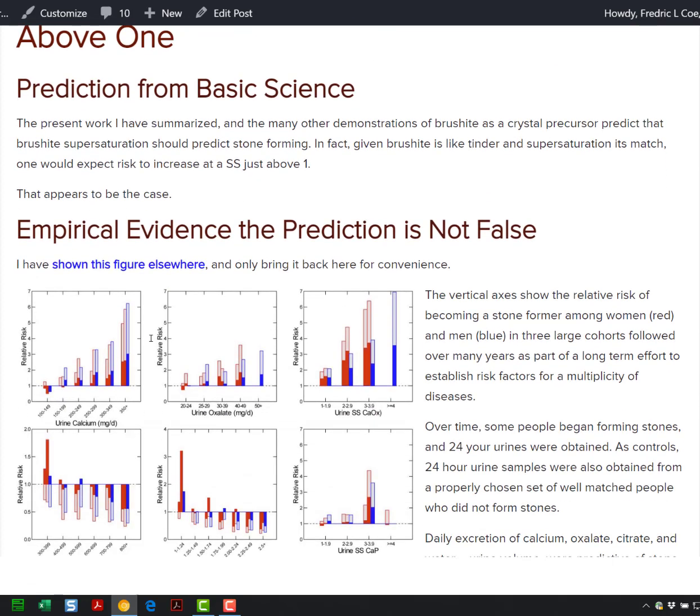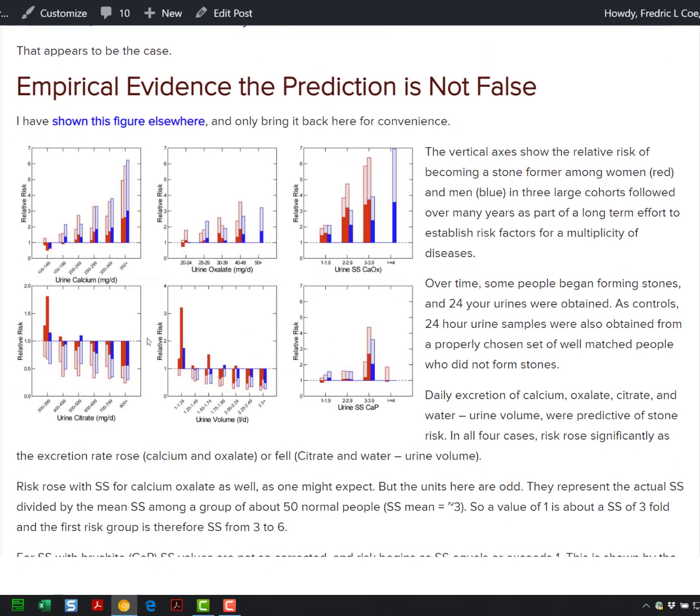Finally, you could say to me, Fred, theory and science is beautiful. Do you have any evidence in the world, like real evidence, that supersaturation with respect to brushite is a hair trigger for calcium stones, like tinder to a fire? The answer is, I sure do.